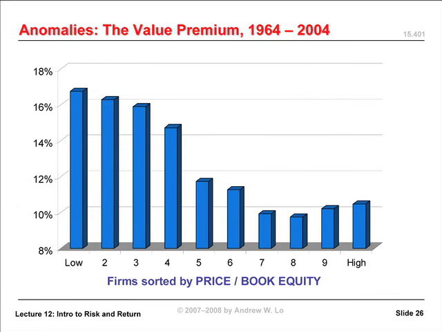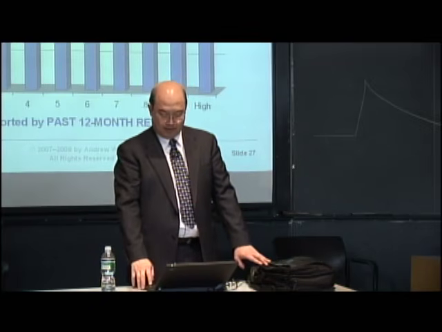So the stocks with low momentum on the left-hand side seem to do worse than the stocks that have high momentum. So the momentum effect seems to be really strong. And again, look at that difference. That difference is something on the order of a 15% spread, if not more. It's a very, very big spread. So this might lead you to try to construct a trading strategy based upon this.